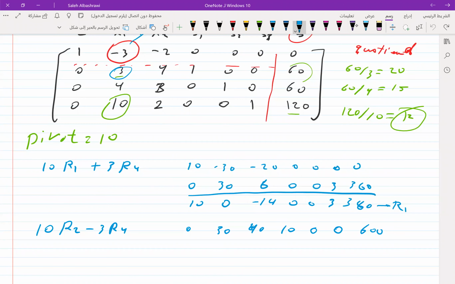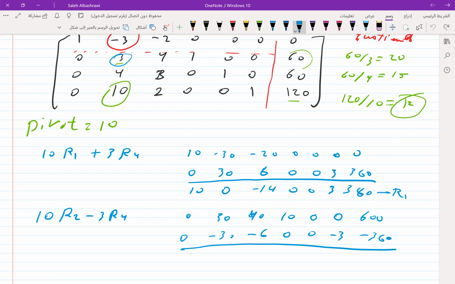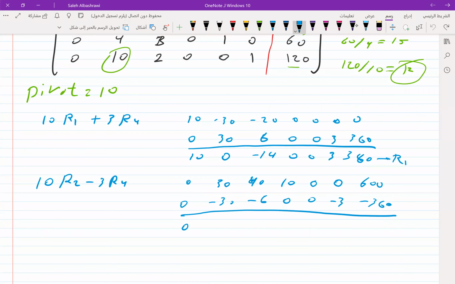Multiply the fourth row by minus 3, I will have 0, minus 30, minus 6, 0, 0, minus 3, and minus 360. Now add, I will have 0, 0, 36, 10, 0, minus 3, and 240. This is R2.